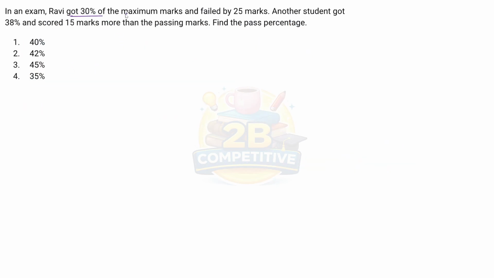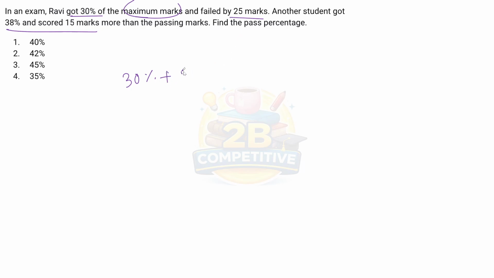Next, in an exam, Ravi got 30% of the maximum marks and failed by 25 marks. Another student got 38% and scored 15 marks more than the passing marks. So find the pass percentage. In this case, we actually have to just find the equation. What is the relation between all these percentages? So if we can see the percentage equations in the question, we can easily solve the problem. So it's saying 30% of the maximum marks, failed by 25.